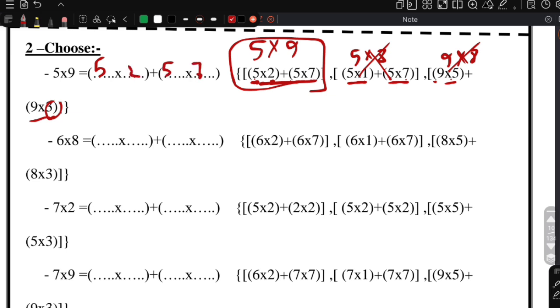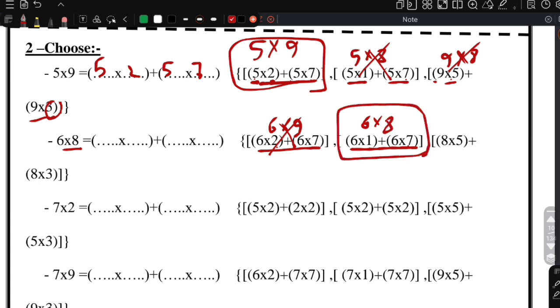Okay, the second one, 6 times 8. Okay, I have to choose which one is right. 6 times 2, 6 will be the same, times 2 plus 7 will be 9. So this is not right. Let's see the second one. 6 times 1 plus 6 times 7, 6 will be the same, and 1 plus 7 will be 8. So this is right.